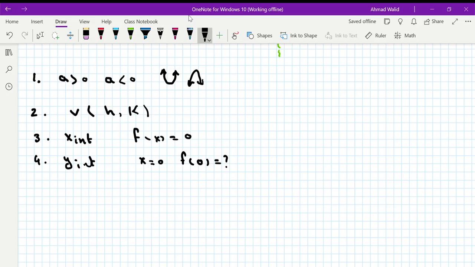And step 5, plot. Plot the points and graph. Correct? Now, I'll do a few examples here to show how to graph a quadratic function if it's given in standard form by using this 5-step method.